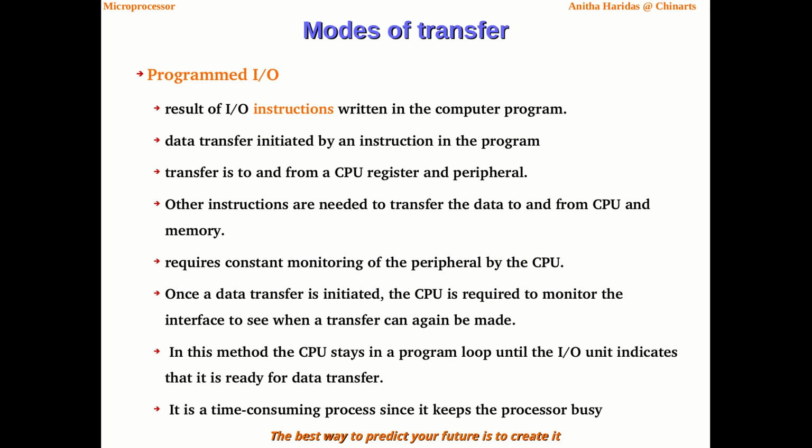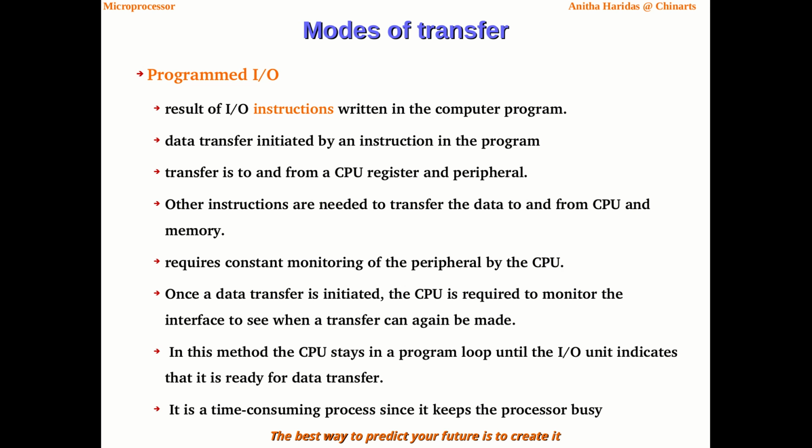This is one of the requirements of this particular mode of data transfer. Once the data transfer is initiated, the CPU is required to monitor the interface to see whether the transfer can be done again, or whether the transfer can be done from the CPU to the output device, or from the input device to the CPU.